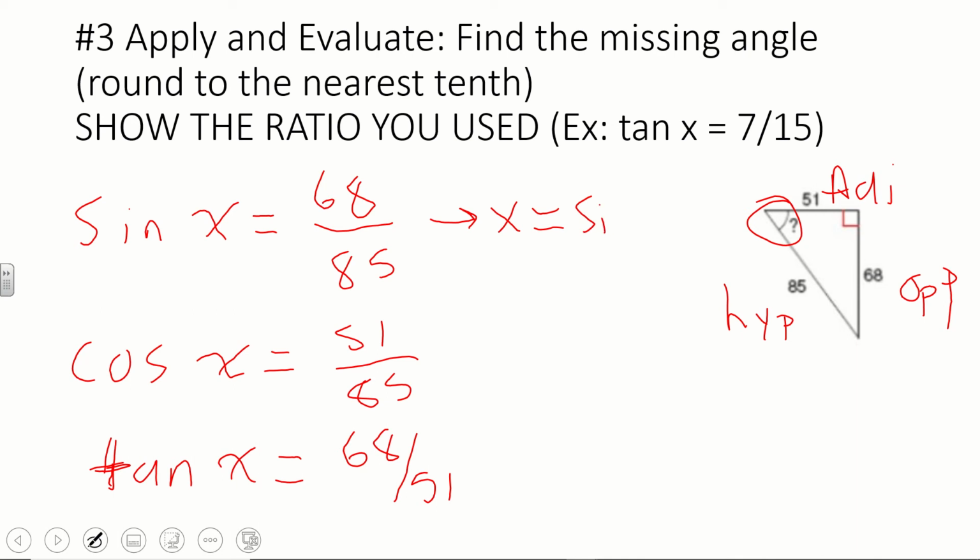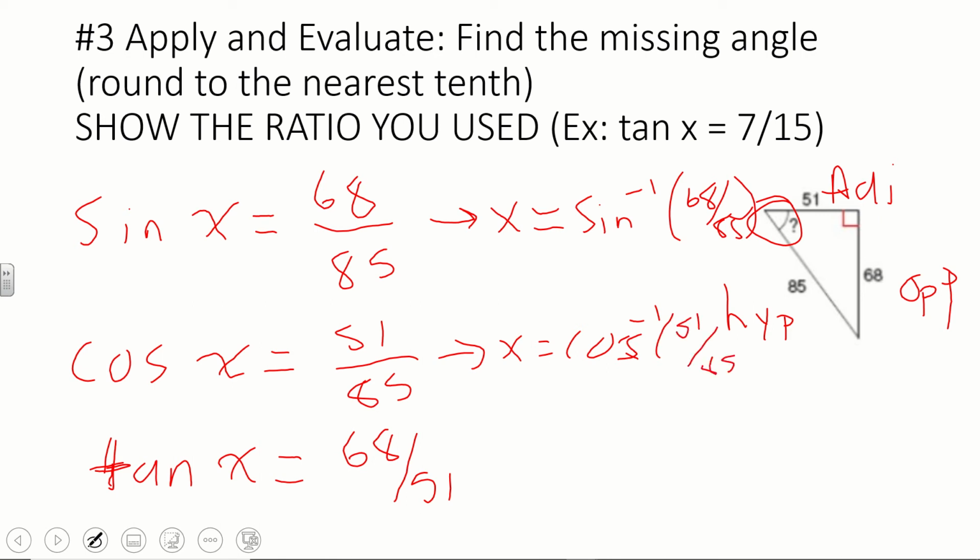So I'm going to use inverse sine. Inverse cosine. And again, you didn't have to do all three of these. You just had to choose one and make sure you had the correct ratio. Or inverse tangent.